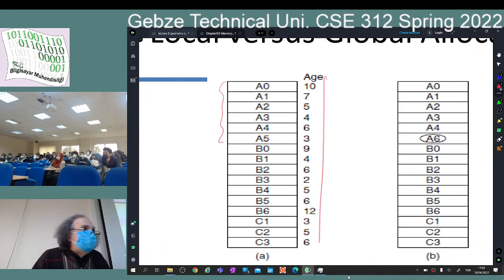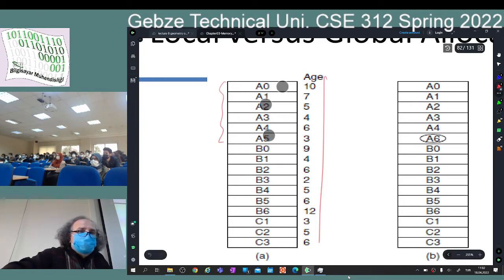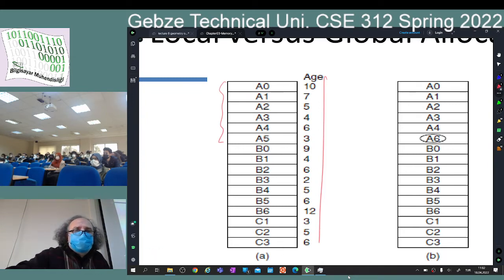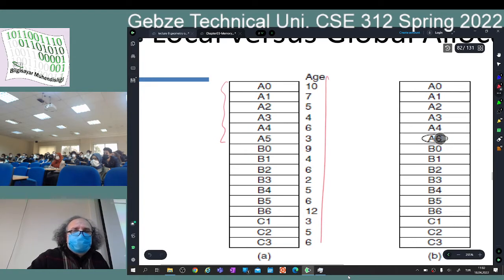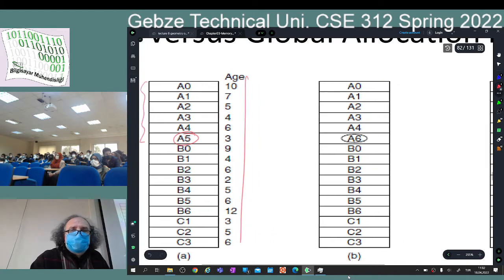That's the problem of local versus global. Should I replace the pages based on the local decision over the pages of A, or should I do it globally? If I am doing it locally, I will choose one of these 6. In this case, I am going to choose this A5 and replace it with A6.